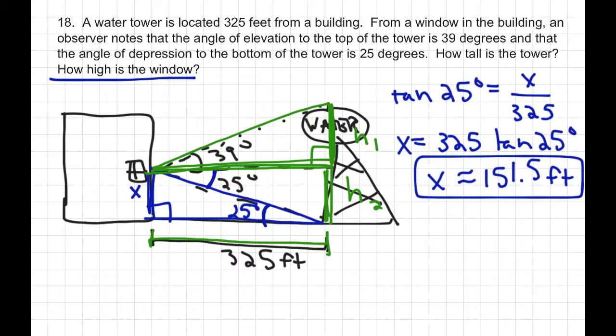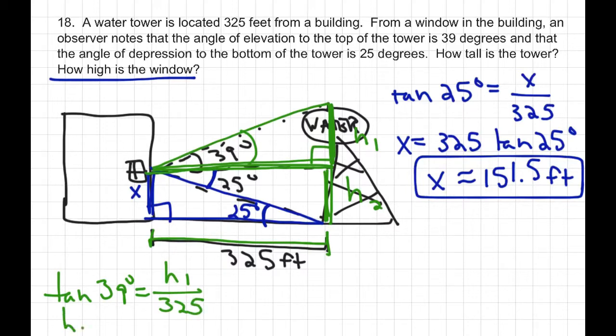I am going to use tangent again to set up a trig function for finding height 1 because I have this angle. Height 1 is the side opposite and 325 is the side adjacent. So the tangent of 39 degrees is going to equal height 1 over 325.